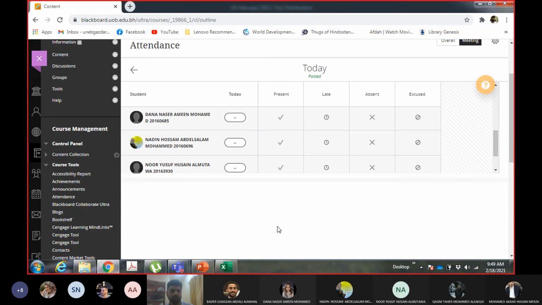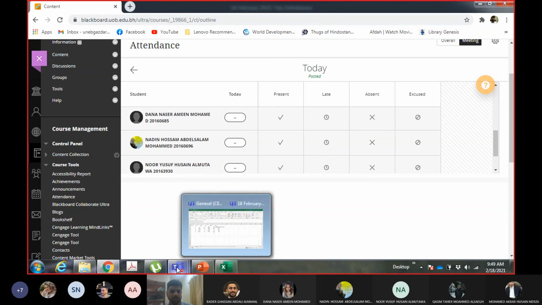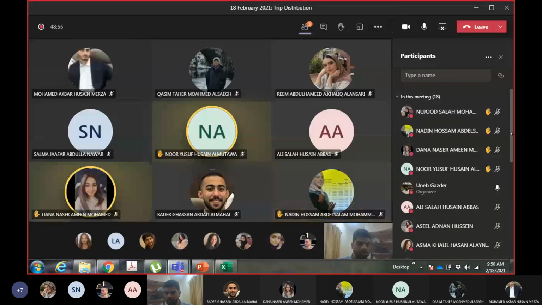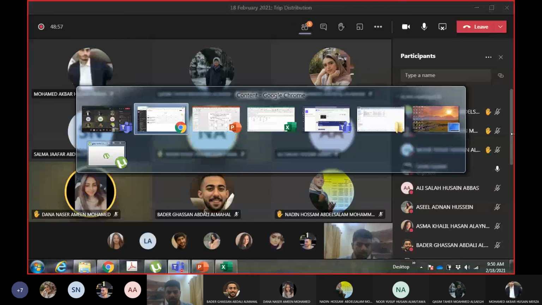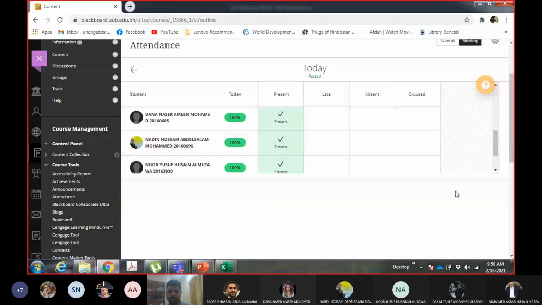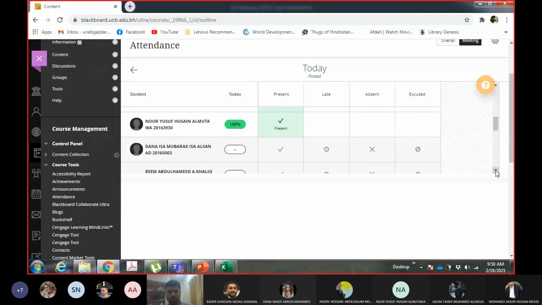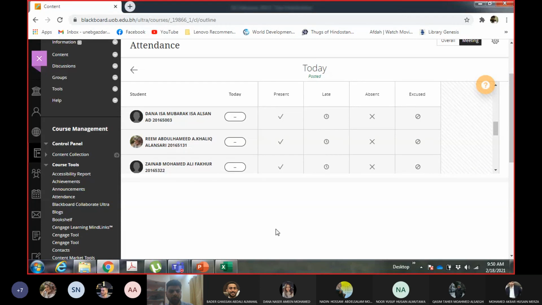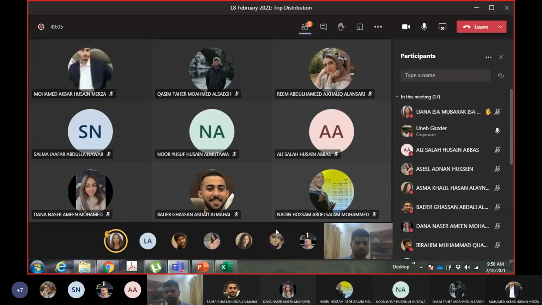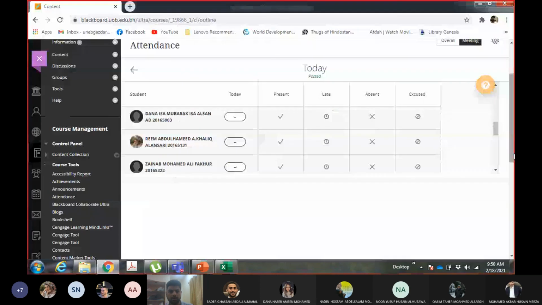Dana Nasir, Nadeen Hussam, Noor Yusuf. Dana Isa, Reem Abdul Hamid, Zainab Muhammad.